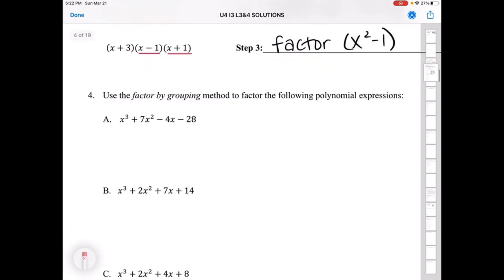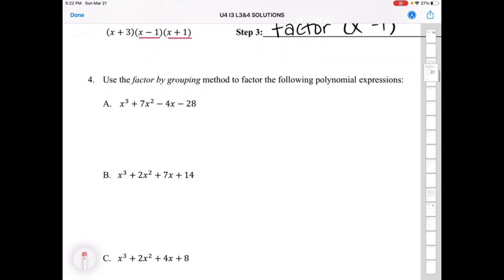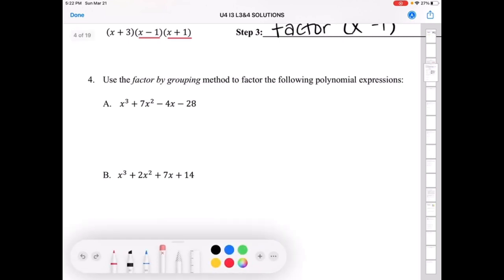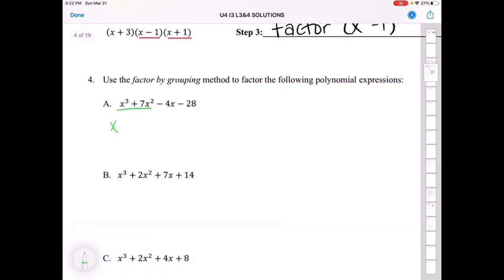We're going to be using the same method to do factoring by grouping on these next couple examples. So in this first example, I'm looking at these first two terms, so I'm going to use green. And I know I can factor out an x squared. If I factor out an x squared, I'm going to be left with x plus 7.